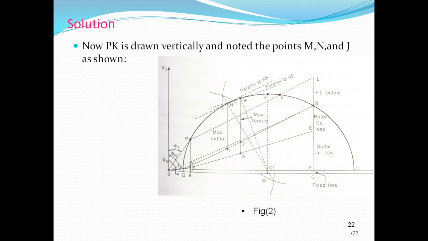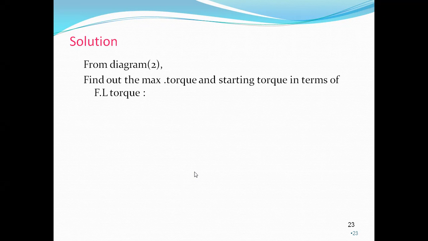From point P, you draw a vertical line which touches the line at point K. While it is touching at K, it cuts the output line at point M, the torque line AE at point N, and the AD line at point J. So in between PK we have got M, N, J. After getting these points, we can calculate.